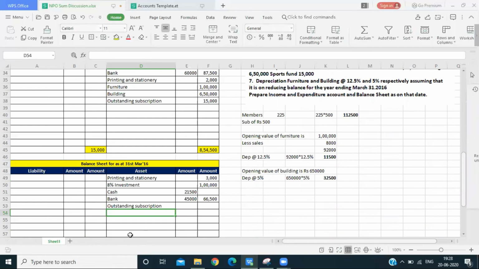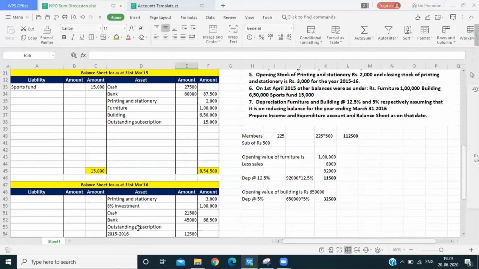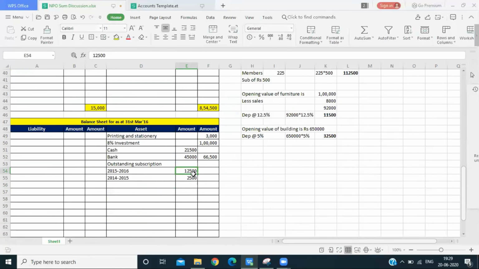Outstanding subscription for 2015-2016 is rupees 12,500, and for 2014-2015 is 2,500, which means we are yet to receive 2,500 rupees which belongs to 31st March 2015. So in total, the outstanding subscription is 15,000 rupees as on 31st March 2016.